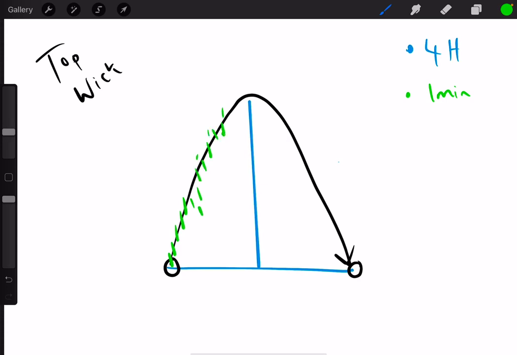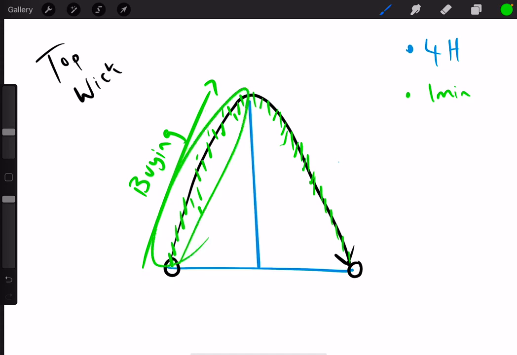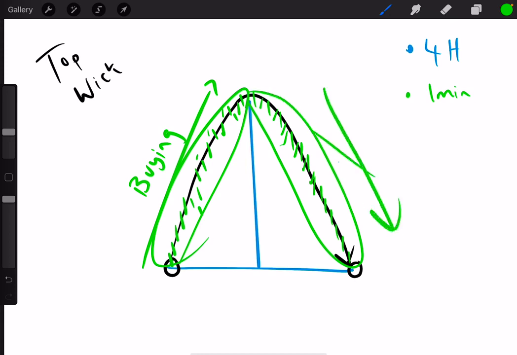This is a very bad drawing, but you'll get the point. And then they're coming back down. From here to here, up here, this is buying pressure. On the mini time frames, such as the 1 minute, it's buying, and from here to here, it's selling.